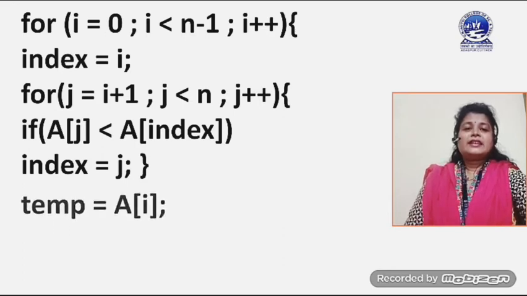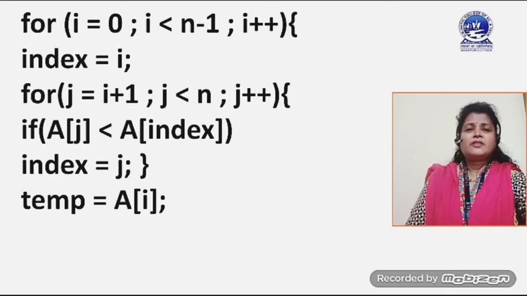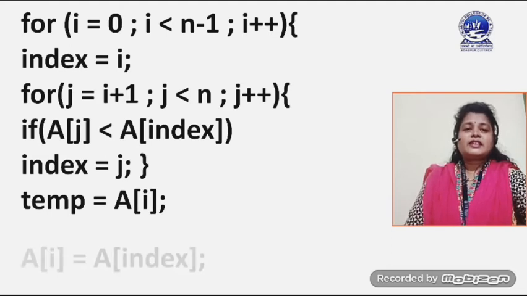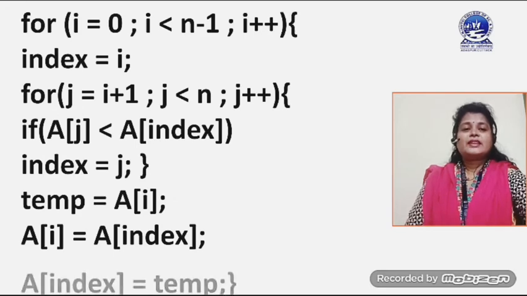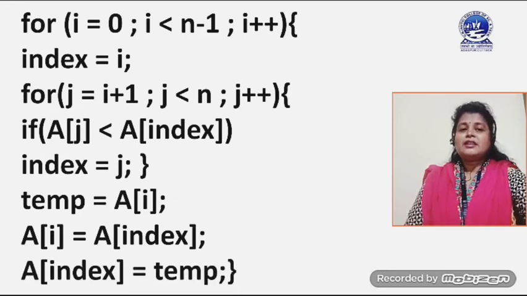Inside the inner for loop we are using only the if condition. In the outer for loop we are just swapping. Which swapping? We are swapping the minimum or smallest value with the index location. This is all about our algorithm.